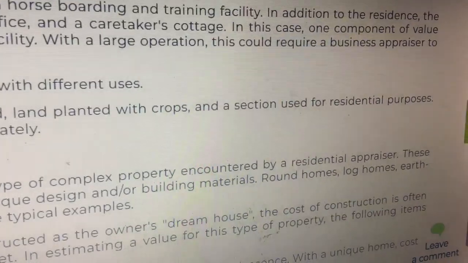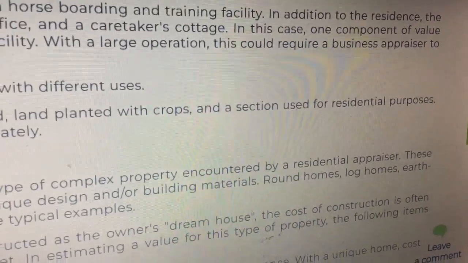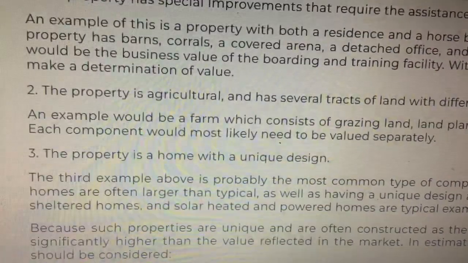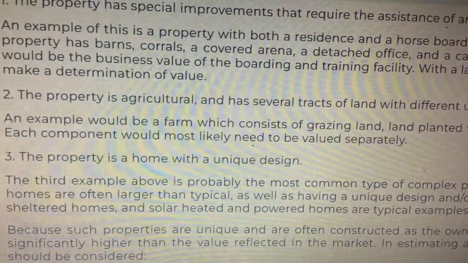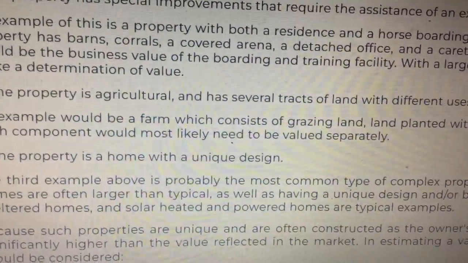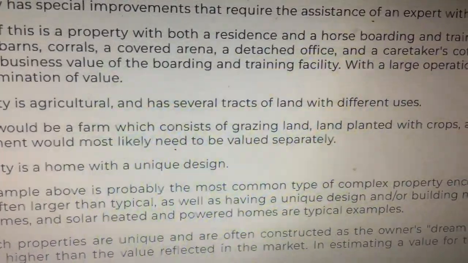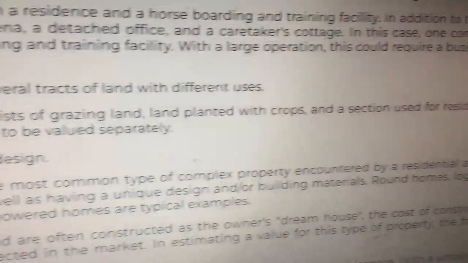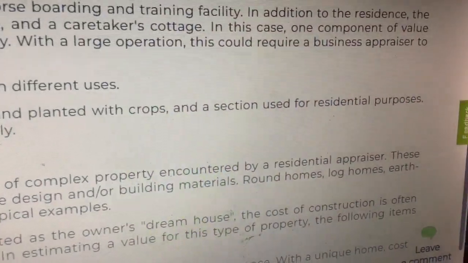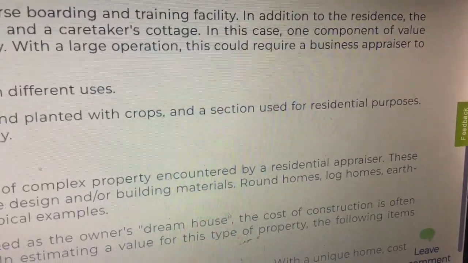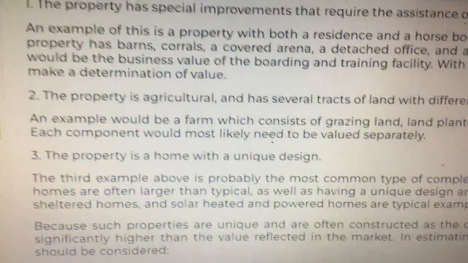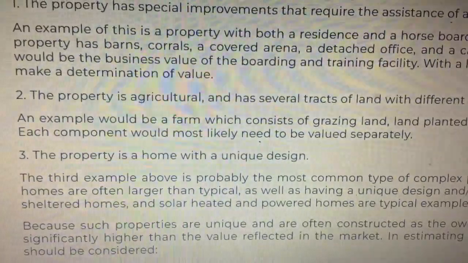In this case, one component of value would be the business value of the boarding and training facility. With a large operation, this could require a business appraiser to make a determination of value.